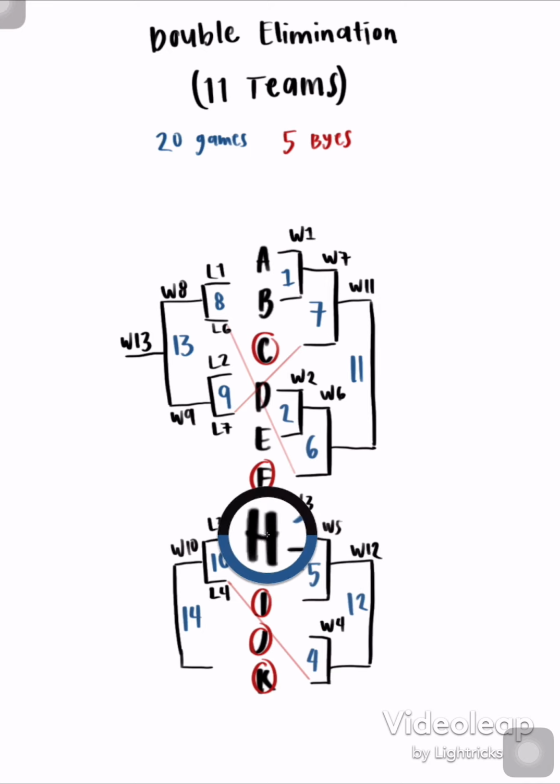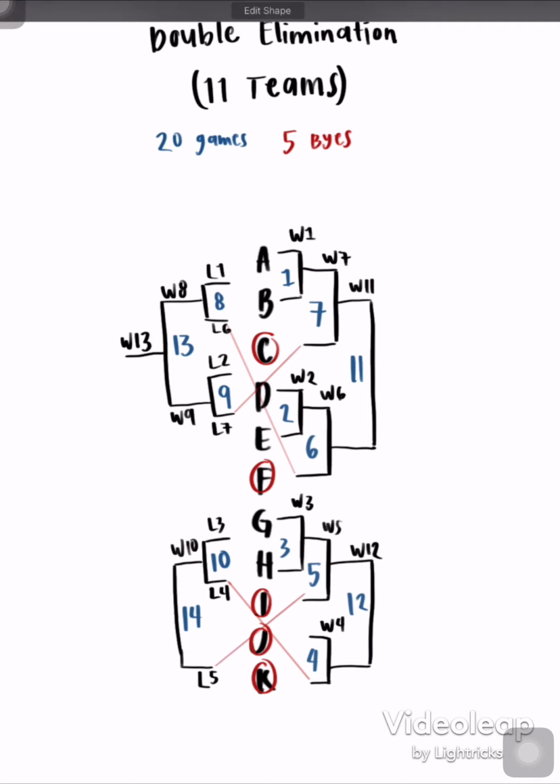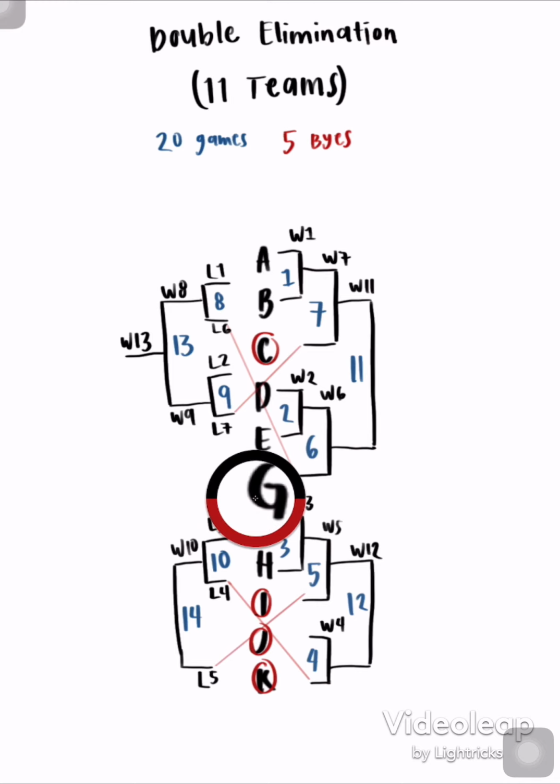And then we're going to put here loser 5. So winner 10 and loser 5 will be competing, and the winner in this match will be labeled as winner 14.